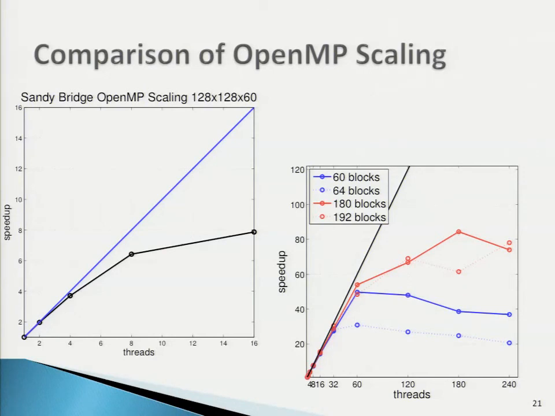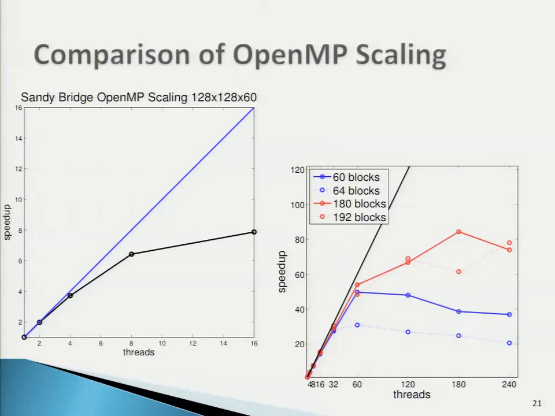It depends on your code. Usually if you've got a well-written code, it won't. If you see a code scale perfectly from 1 thread to 16 on a Sandy Bridge, your code's probably not that efficient, because hopefully you should reach your peak bandwidth before you've used up all of the cores.